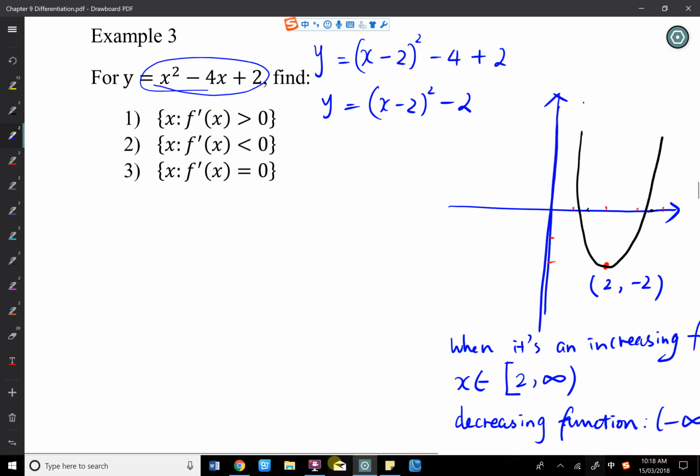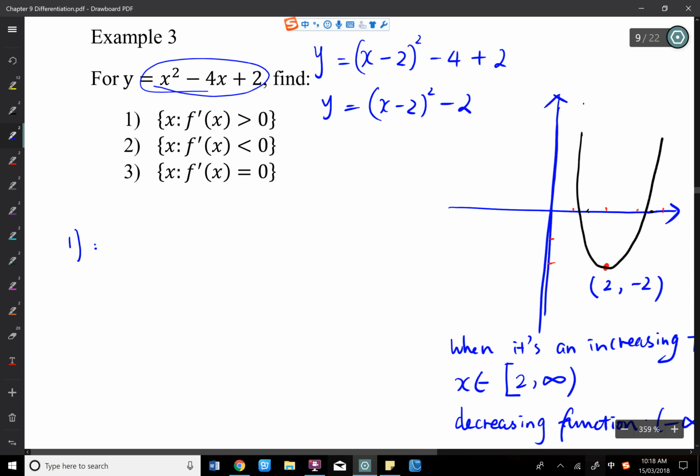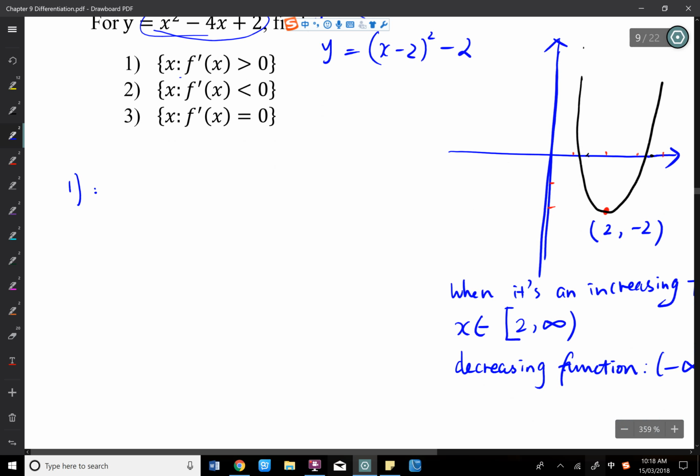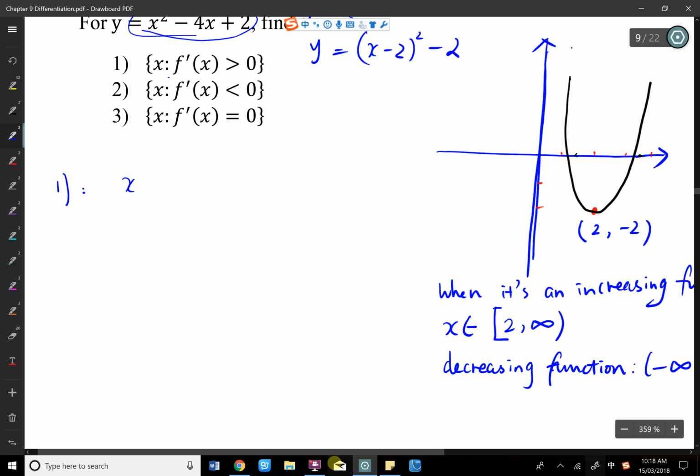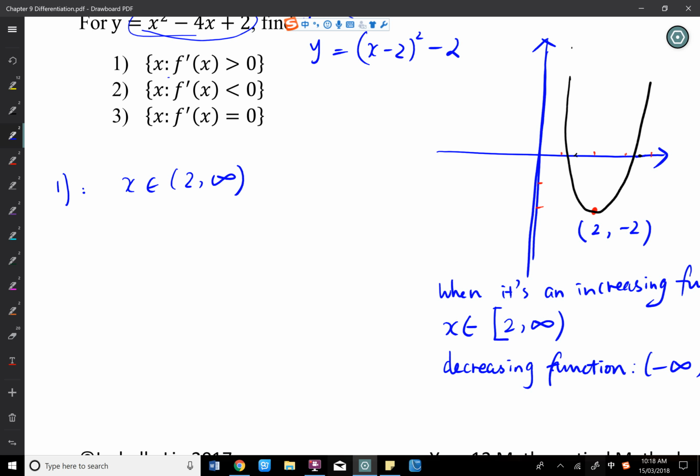So for this question, the first one asks for x such that f dash x is greater than 0. So what I will have is x belongs to 2 to infinity, exclusive, because a positive gradient will not include the turning point. The turning point gives you a gradient of 0, but it is part of the increasing function.